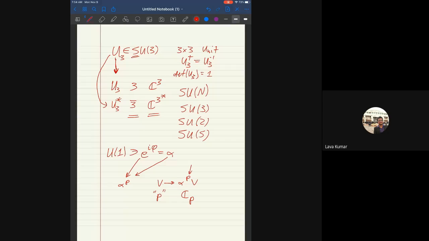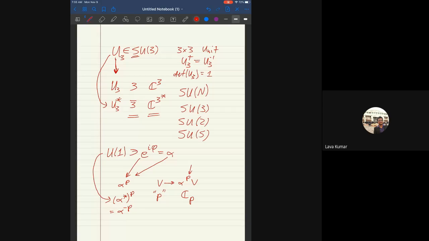Now, let's talk about the complex conjugate representation. In this case, if we take the complex conjugate representation, we're taking alpha. The complex conjugate of this is alpha star to the p, which of course is nothing but alpha to the minus p, because alpha is just a complex phase.